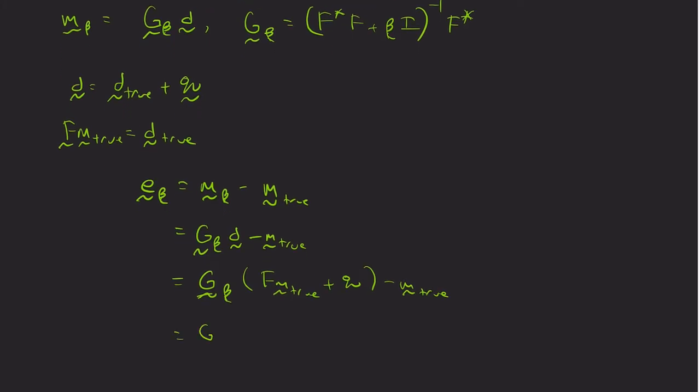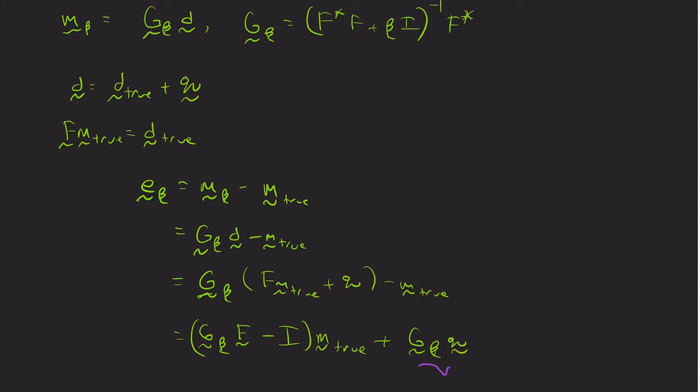And so we get g beta f minus the identity times m true plus g beta eta.